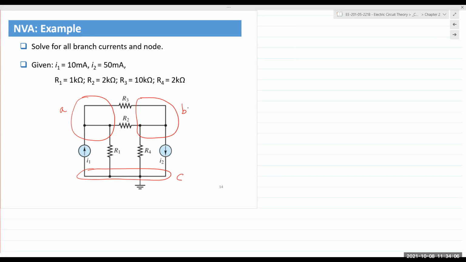What else do we see? Between A and B, you have R2 and R3 connected, same nodes, A and B. So they are in parallel. So I'm going to combine both those together and make one single resistance, and I'm going to call that R5. I'm going to set up the problem by combining both those resistances together. So let's begin.